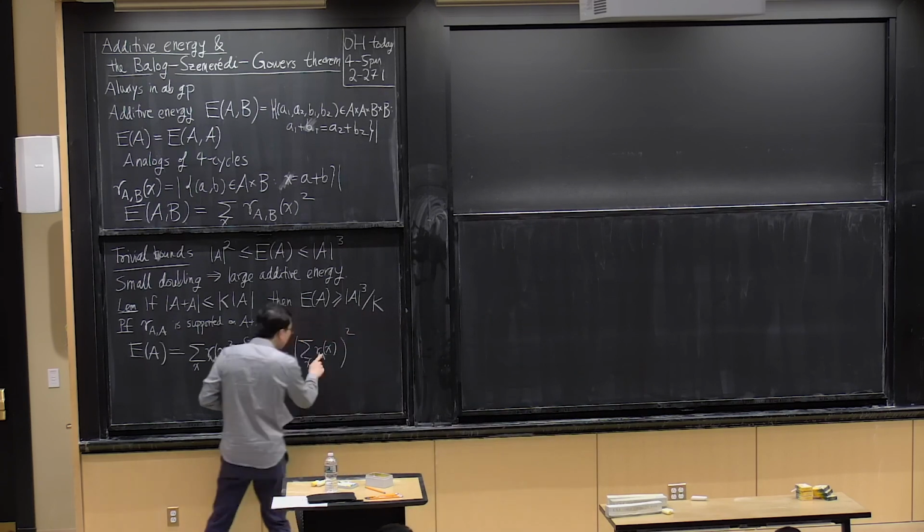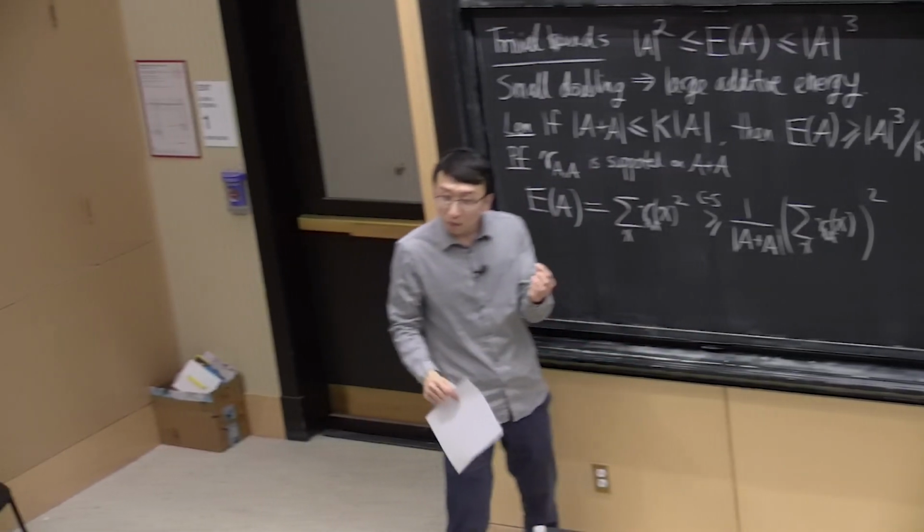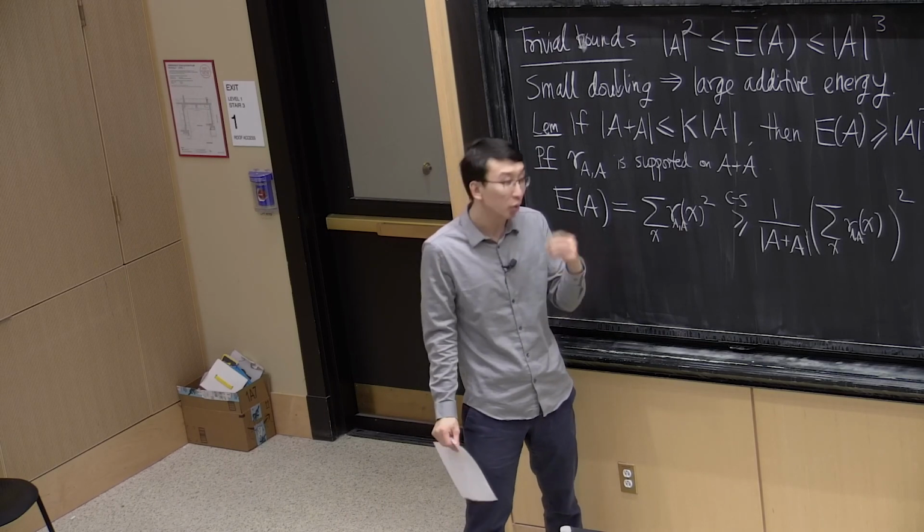But what is the sum of R's? I mean, R of x is just the number of ways to write x as little a1 plus little a2.